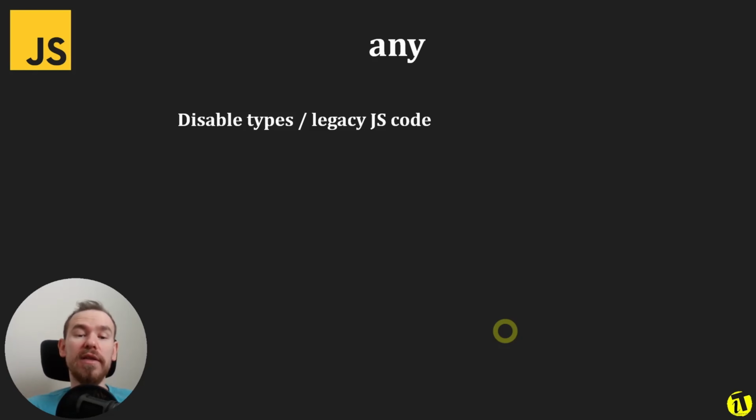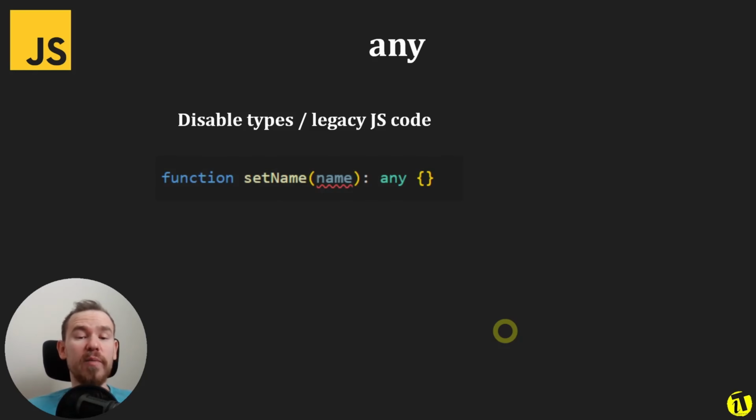For example, in legacy JS code, when we do not have time or capacity in our team or project to go into the legacy code and set a type, it's just easier and much faster to set any temporarily. It doesn't mean that it's unknown. It's pretty much known. We just forcefully say that we want to disable type checking. It's going to be any type.